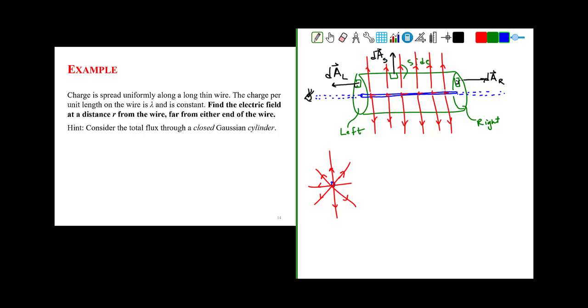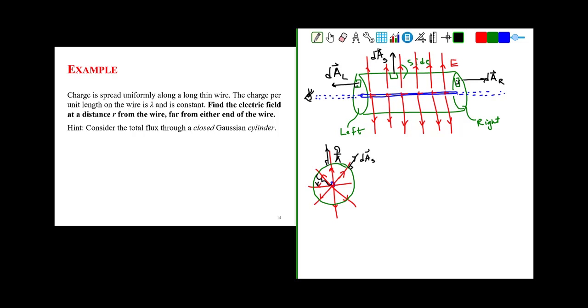So even though the electric field isn't uniform for all points in space, at any point on this cylinder of radius r, relative to the surface of the cylinder, that side surface of the cylinder, the electric field is constant in magnitude and constant in direction relative to our tiny area vectors.